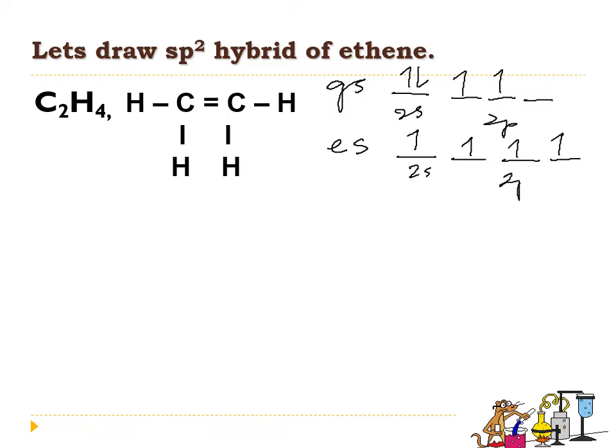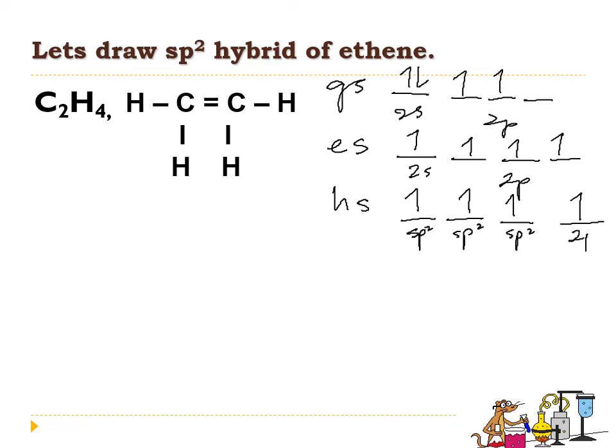And then when it hybridizes, it will form the sp2 orbitals, 3 of them, and then there is another electron that would stay at the unhybridized 2p orbital. So how are we going to draw this? Carbon would form a trigonal planar shape.